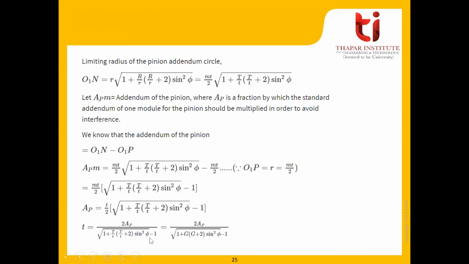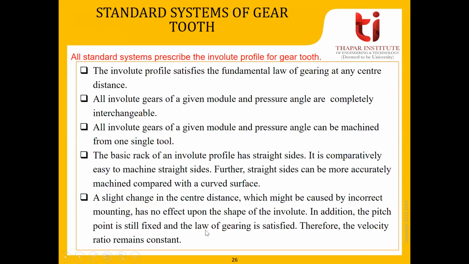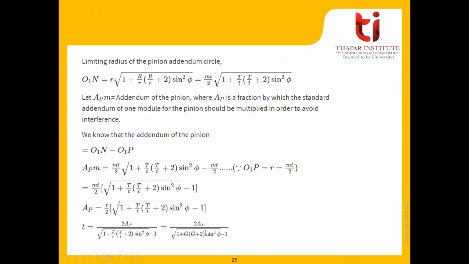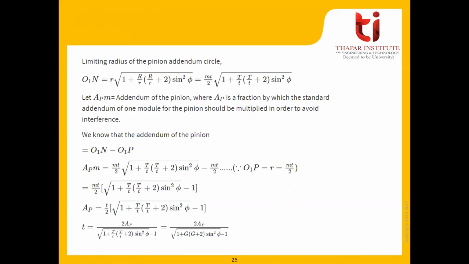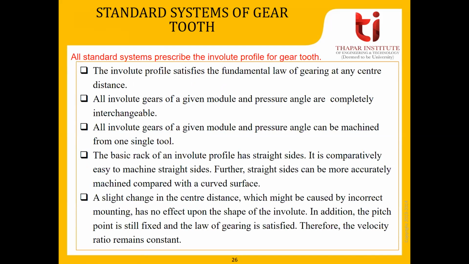So we get this formula. You can say in order to avoid interference, the minimum number of teeth on the pinion can be obtained from this formula. Now the standard system of gear tooth.